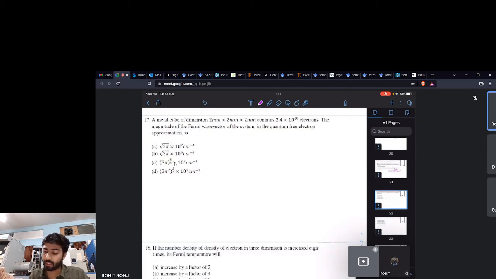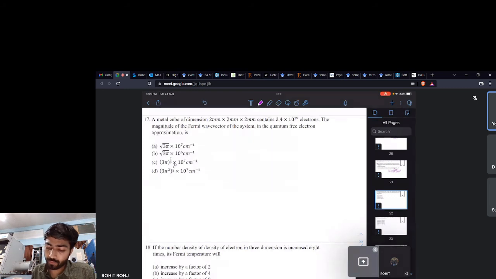Now moving on to the next question, we have a metal cube of dimension 2 mm by 2 mm by 2 mm that contains 2.4 into 10 to the power 19 electrons.